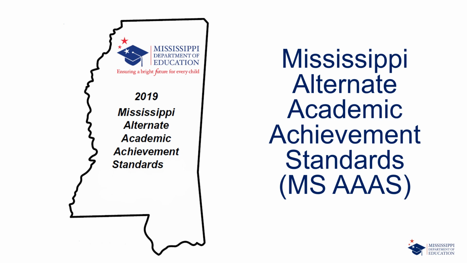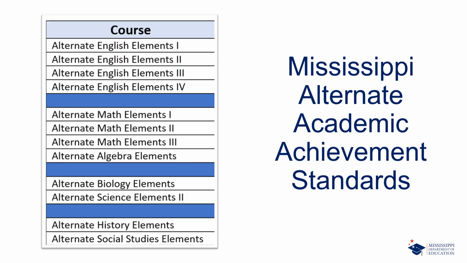We now have these. When we talk about course of study for our secondary students that have an SCD eligibility, these are the classes that they should be taking if they are on the alternate diploma track. You can see here. I'm going to give you a minute to look.